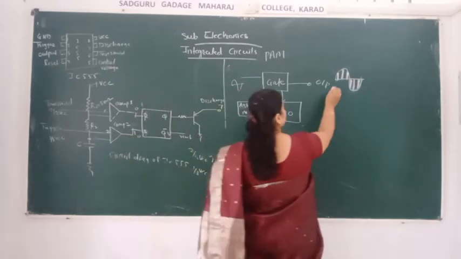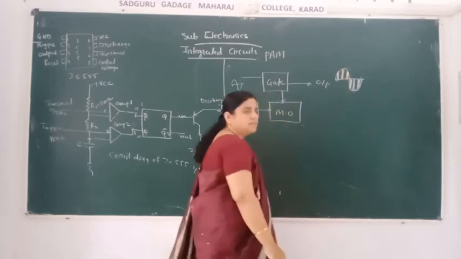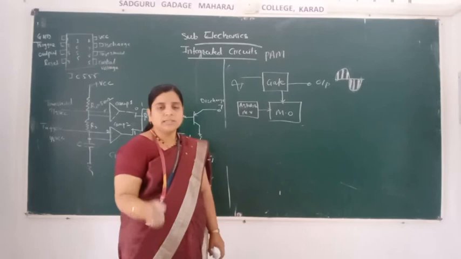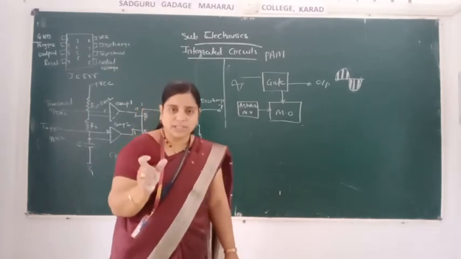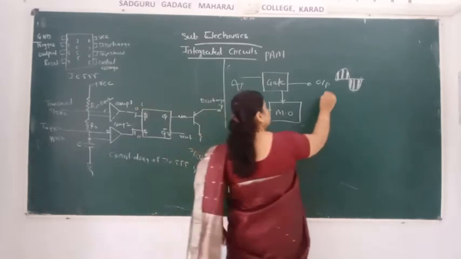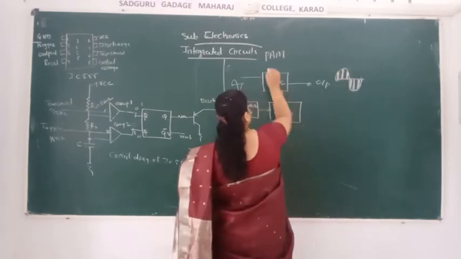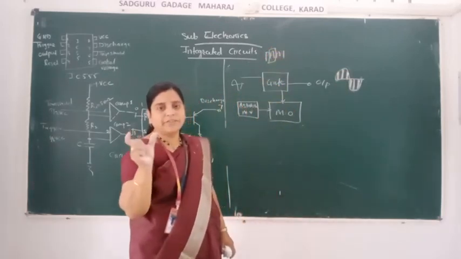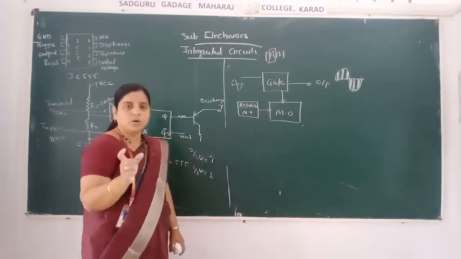This is the waveform of the sampled signal that we have seen in pulse amplitude modulation. Its amplitude is changed. Amplitude means height.